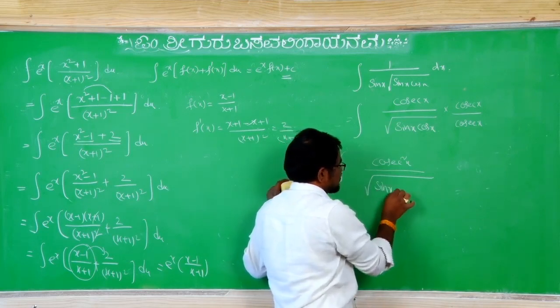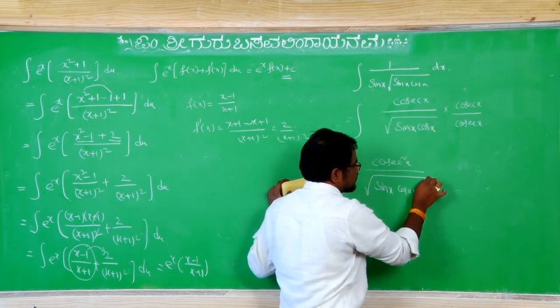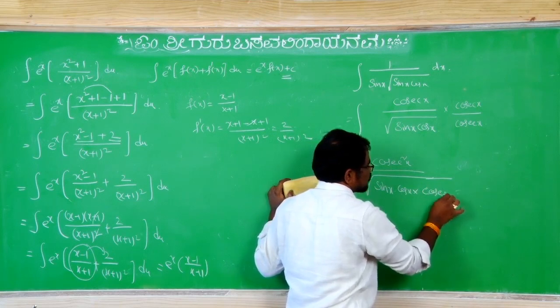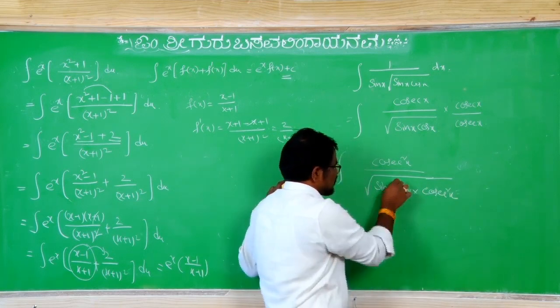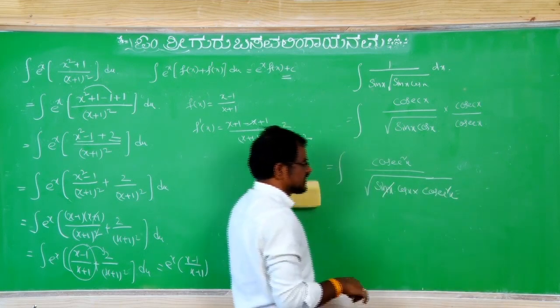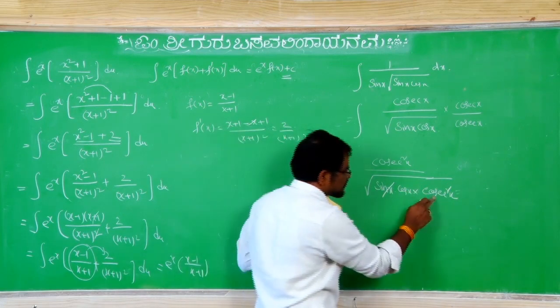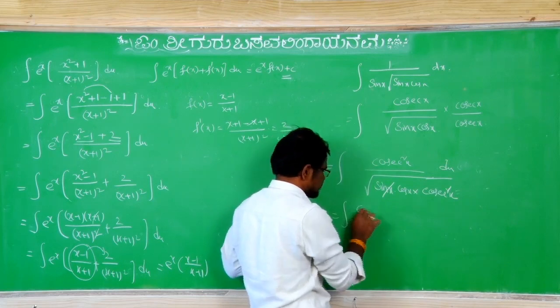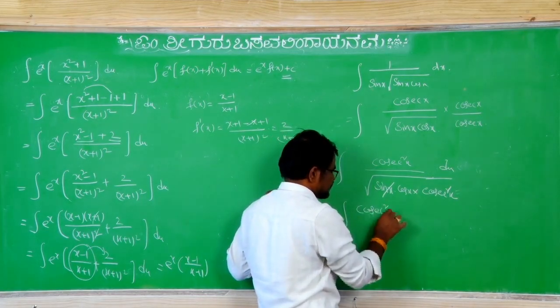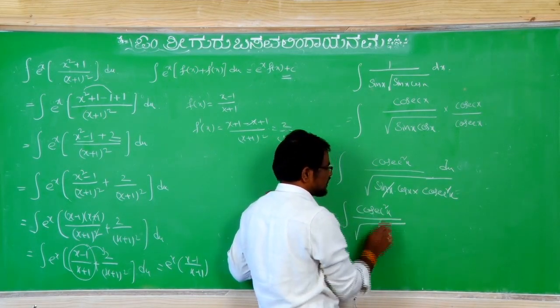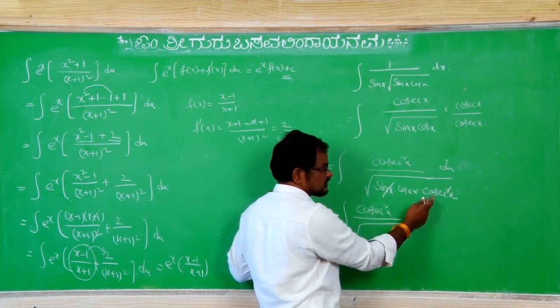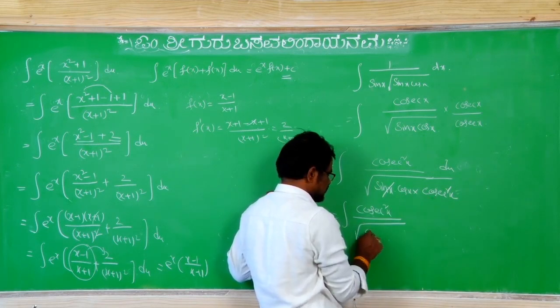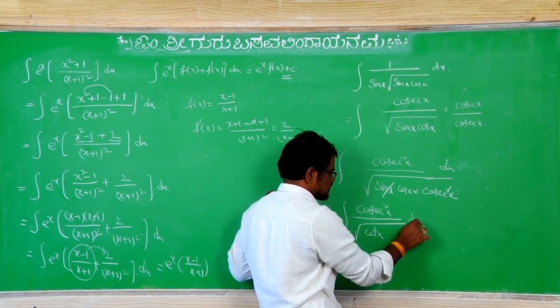So sin x into cos x, inside the root, we get cosecant square x. One sin x and cosecant x cancel, one more cosecant x remains into dx, that is equal to integration of cosecant square x divided by root of cos x by sin x, that is cot x dx.